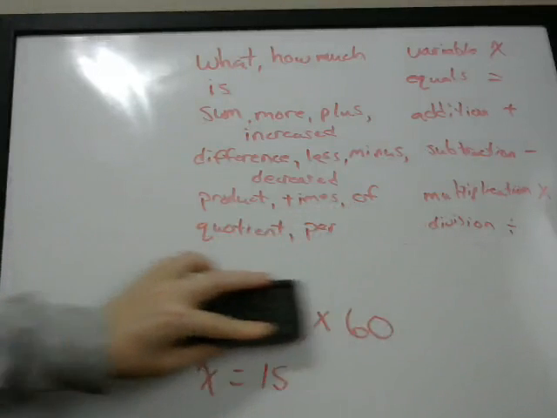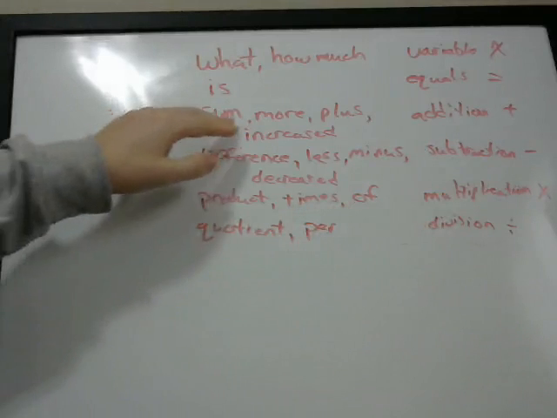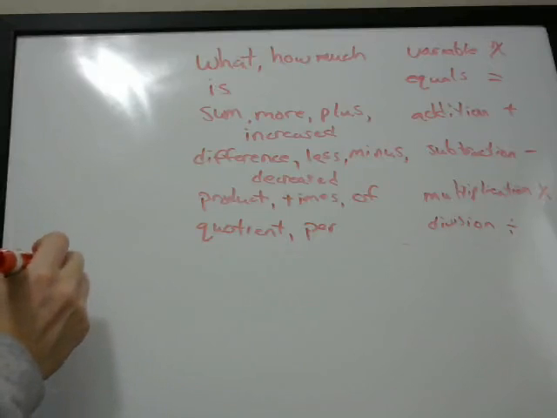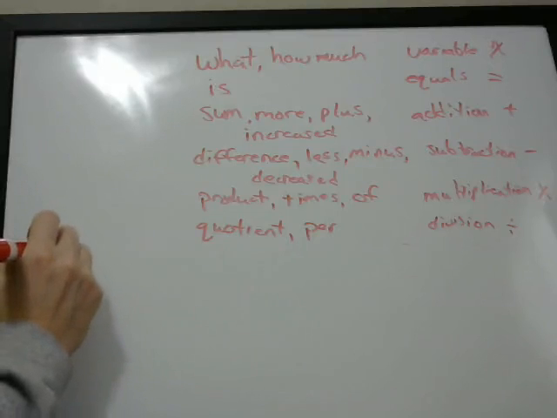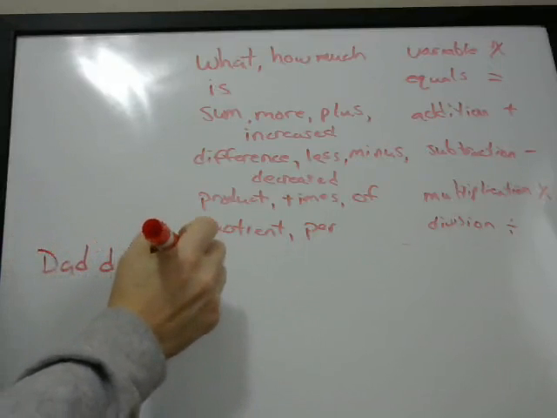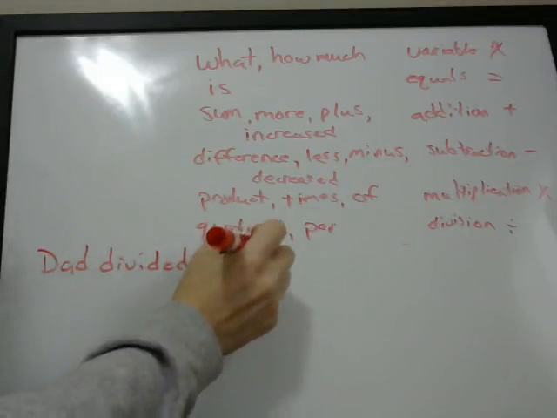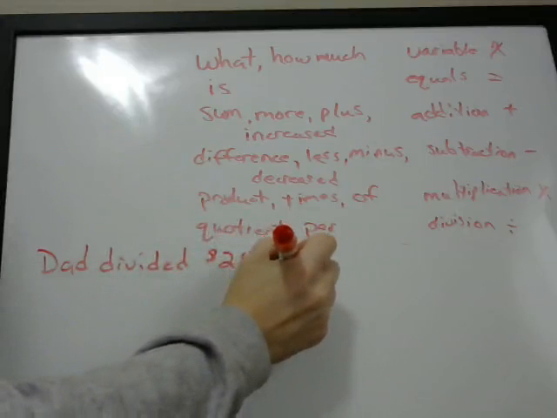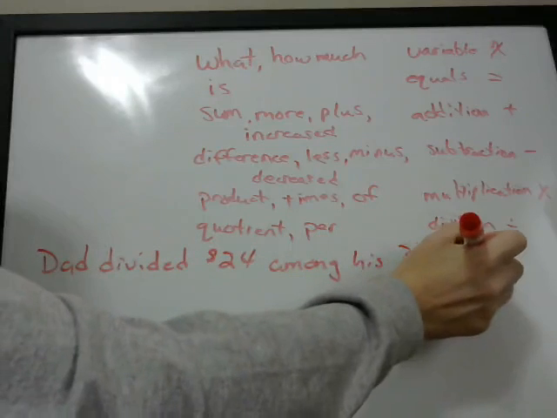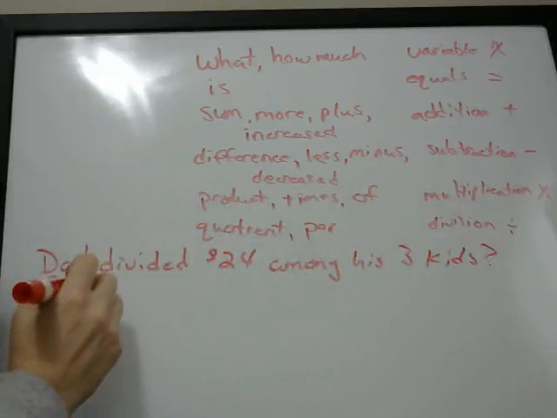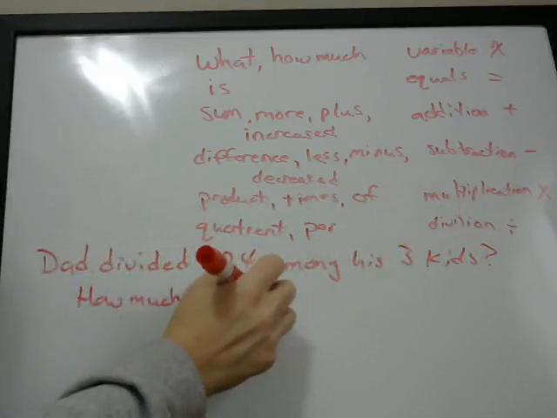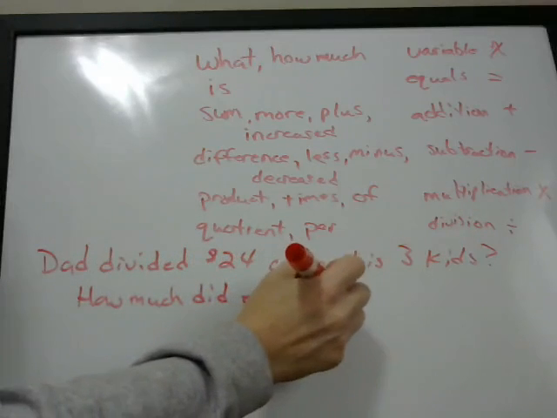So those are fairly straightforward questions. As long as you know what these words mean, you're able to write them out. Sometimes they're going to give you word problems. So let's say we do something like, Dad divided $24 among his 3 kids. How much did each kid get?